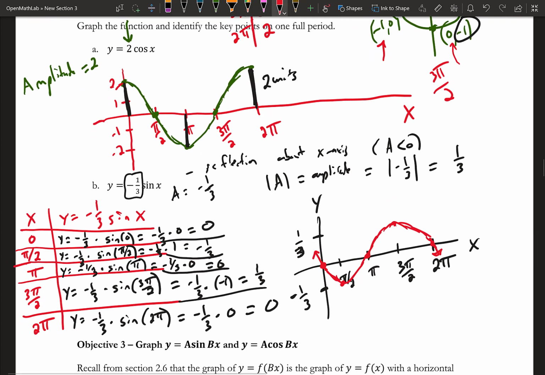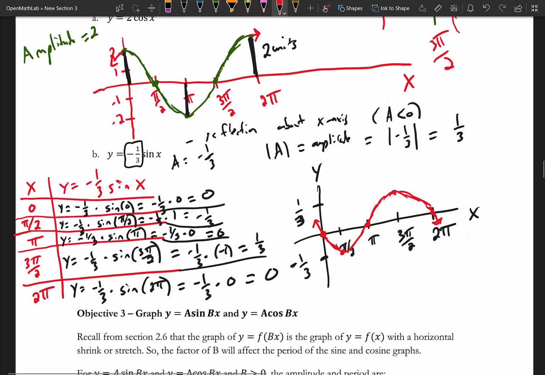And this goes on forever, right? Just that we were asked to graph one full period, right? So in between here, here, and here, that's one period. And don't forget, just graphically, this part here is the amplitude.